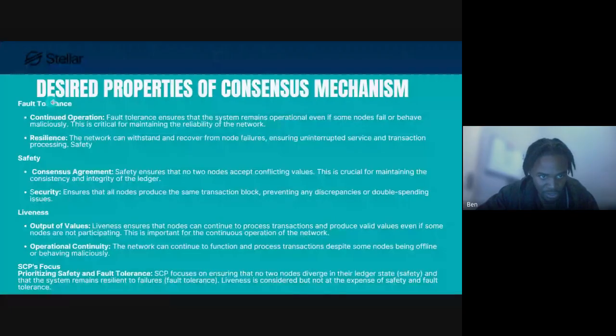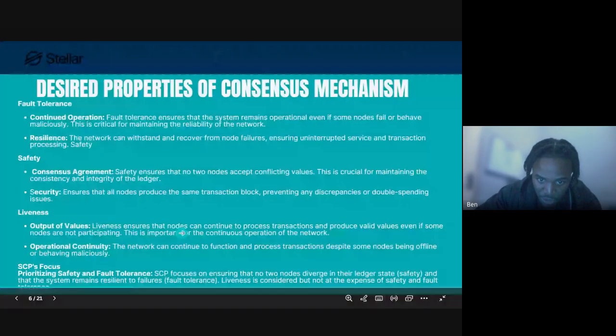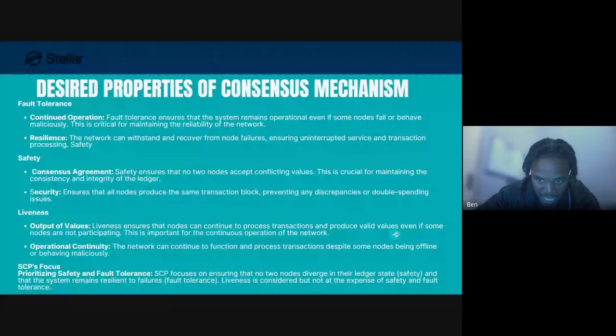So you need to have fault tolerance, you need to have safety, and liveness. Output all values. Liveness ensures that nodes can continue to process transactions and produce valid values, even if some nodes are not participating. This is important for continuous operation of the network.